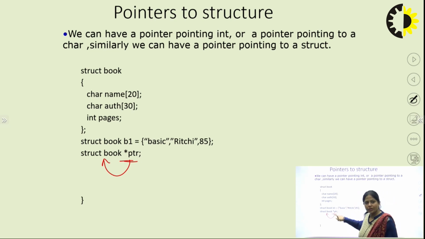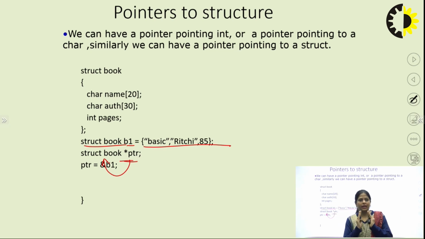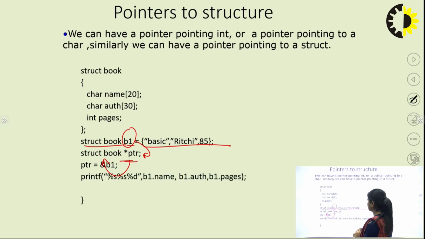That means it is going to hold the address of which type? Struct book. Struct book is the data type, this is a variable, these are the values, right? Because it is a pointer variable, now I can assign the address of this variable to this pointer variable. That's why we can write ptr is equal to address of b1, fine.